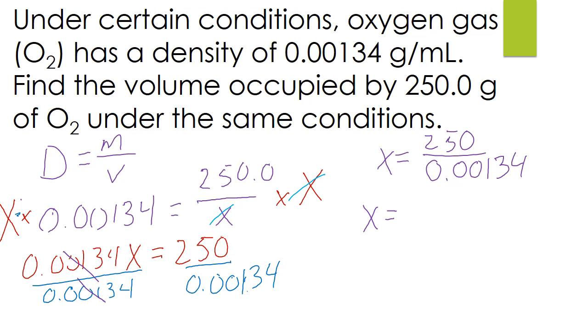That's going to give me a value of, give me some calculator time, hold on, 186,567. But I need a unit. I'm looking for volume. This is going to be milliliters. There's my answer.